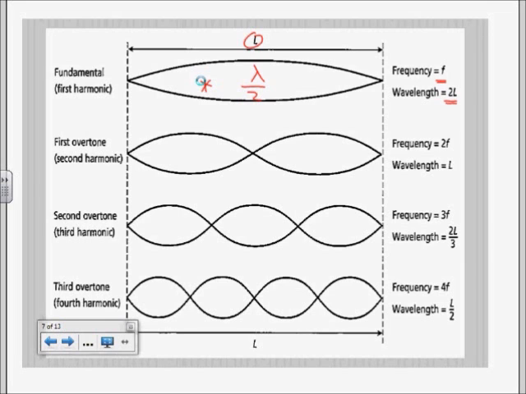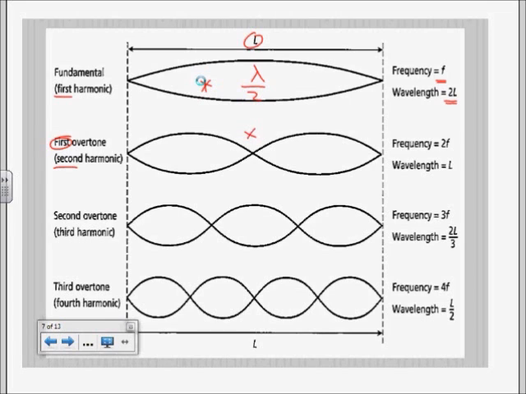Notice here it says second harmonic as opposed to first harmonic. That's right. The first harmonic is the fundamental. The second harmonic is the next one up from that. It's a little bit confusing because it sometimes is called the first overtone, second harmonic, but I wouldn't be too worried about the term overtone. I'd rather talk in terms of harmonics.